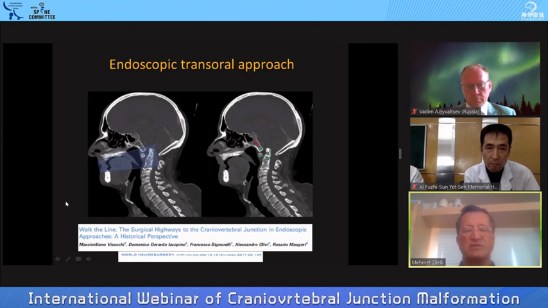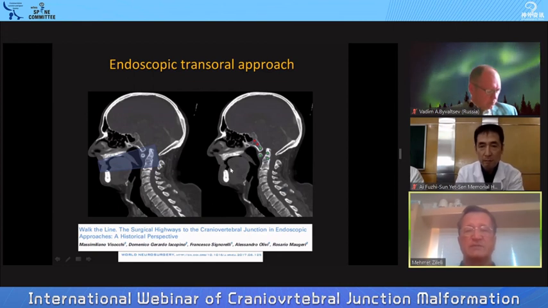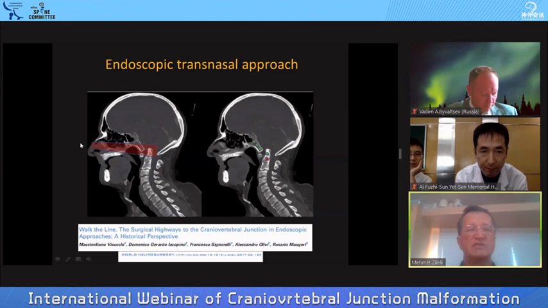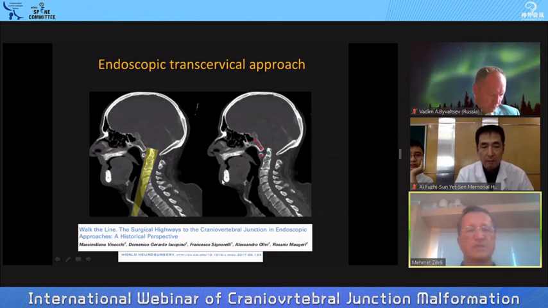It's a systematic review. For instance, if you do transoral surgery, those green points may well be decompressed, but the red points are not easily decompressed. However, with the endoscopic transnasal approach, these points are better decompressed than the red points.